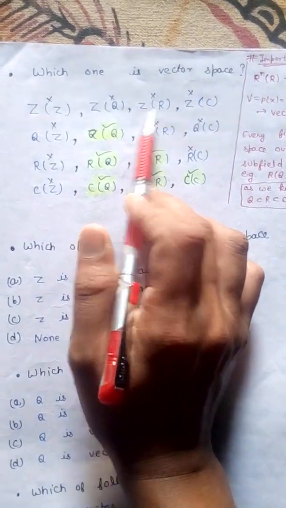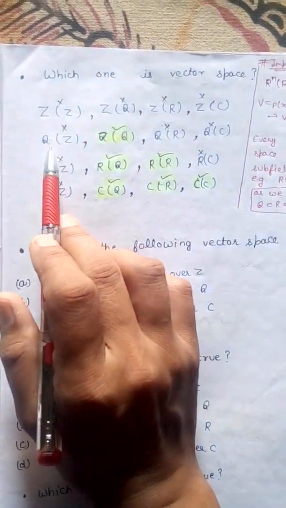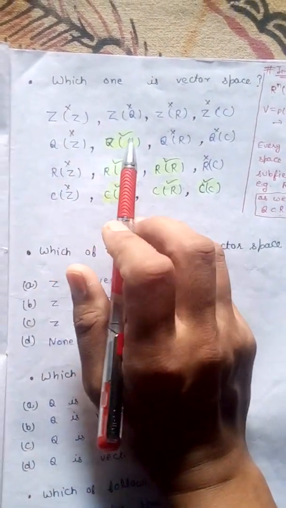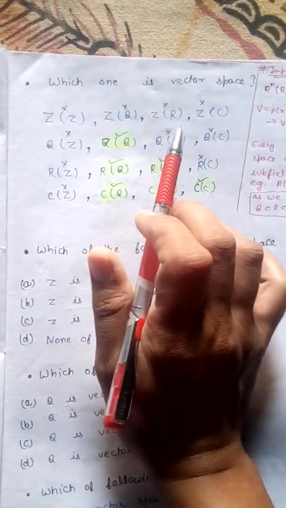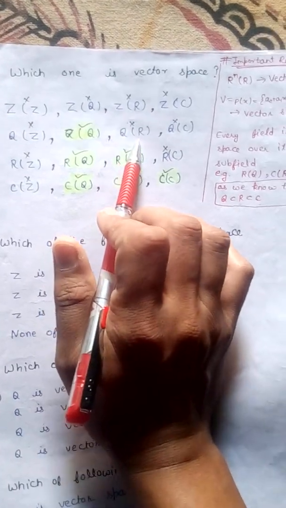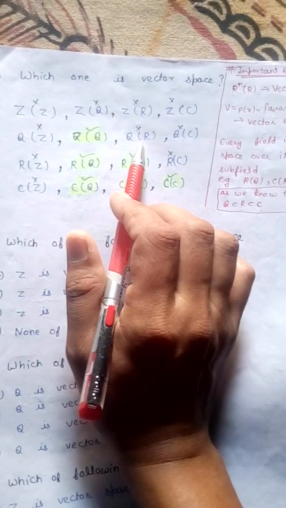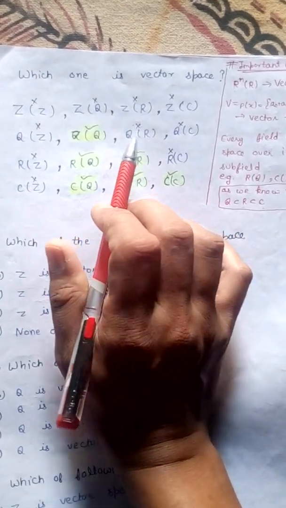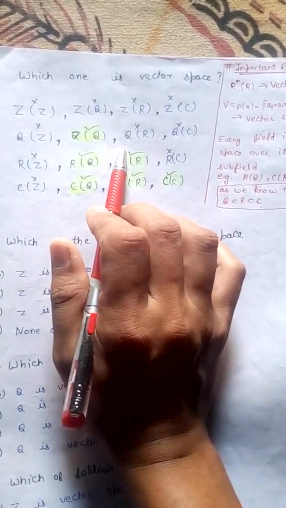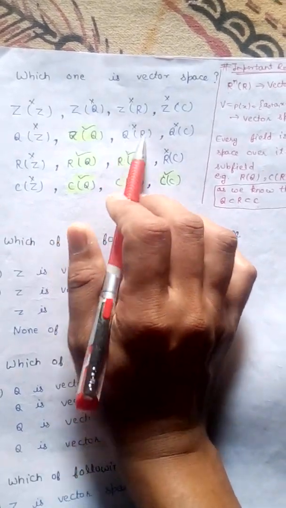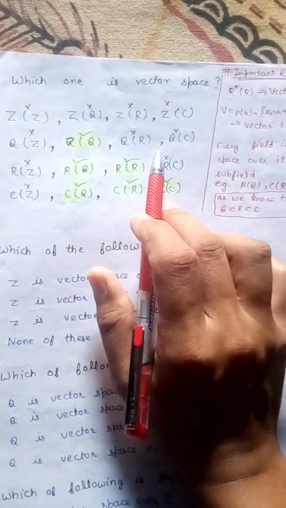Similarly for Z over R, Z over C and Q over Z. Now Q over Q is a vector space and Q over R is not a vector space, because R is the larger field and Q is the smaller subfield, so it cannot be a vector space.